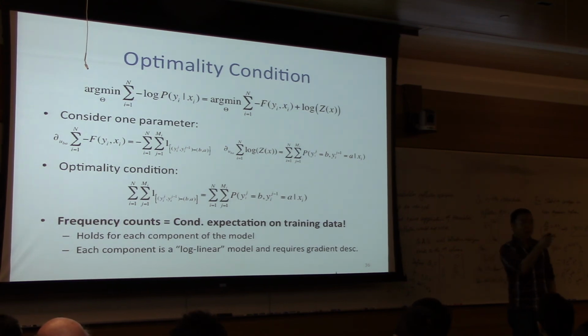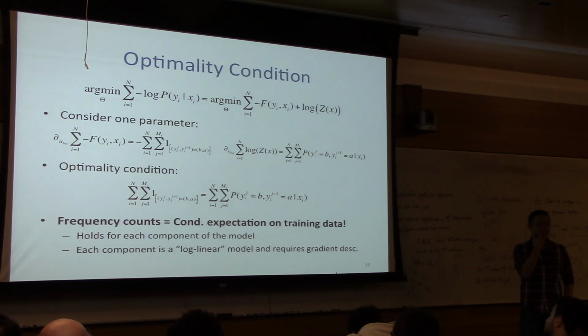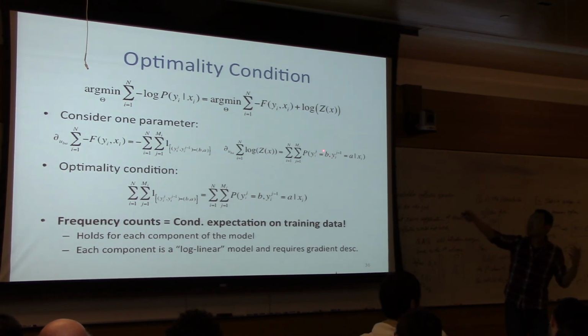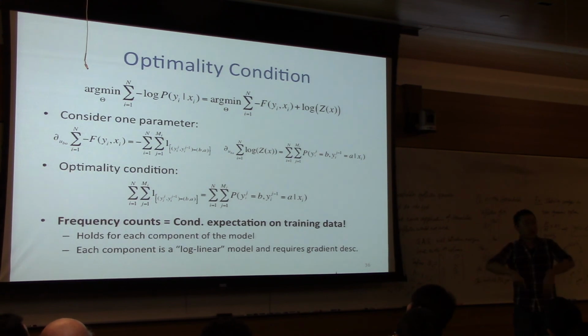So, just to keep track, P is again this exponential function of the sum of the certain A's and O's, right? Yeah, it's the e to the, and you have to marginalize out over all the other tokens in the sequence. This is the marginal over just the jth token and the j minus first token equal to b and a respectively. So you don't care about the first token, you don't care about the last token, you have to marginalize out over them.